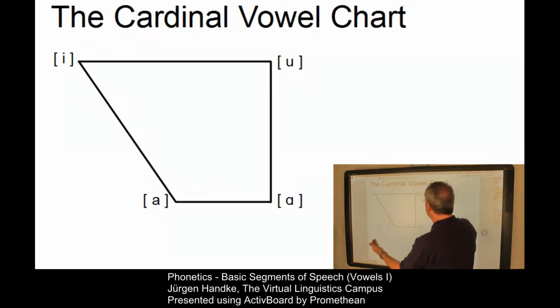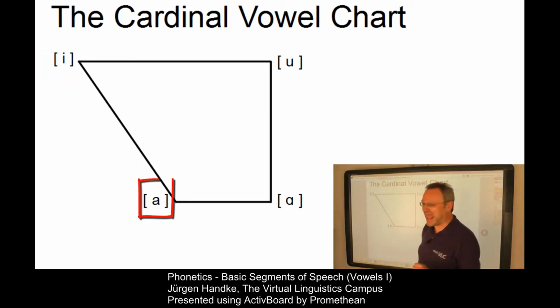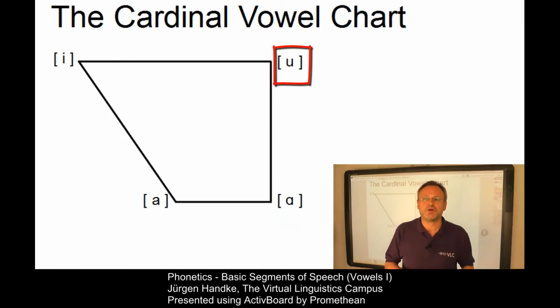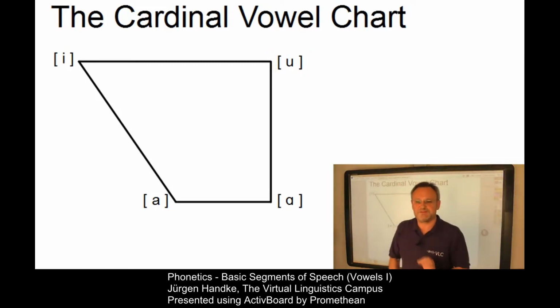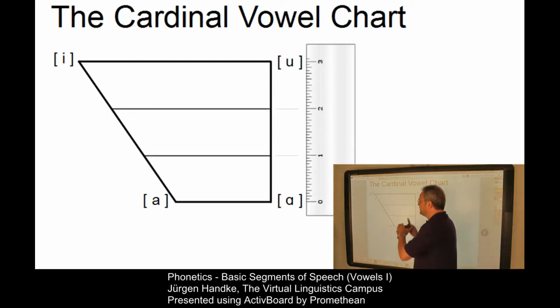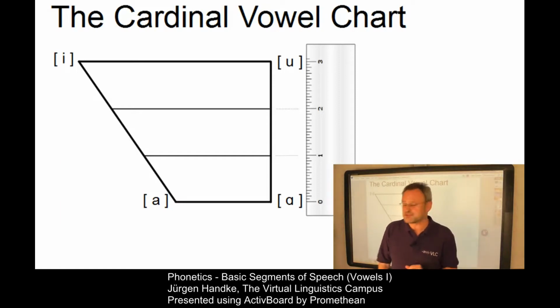So we get our 4 reference points of the cardinal vowel chart: E, which would be a high front vowel, A, which would be a low front vowel, O, which would be a low back vowel, and U, which is a high back vowel. Between these 4 main reference points, we can now insert 2 auditorily equidistant steps in terms of 2 horizontal lines and can define further vowels.